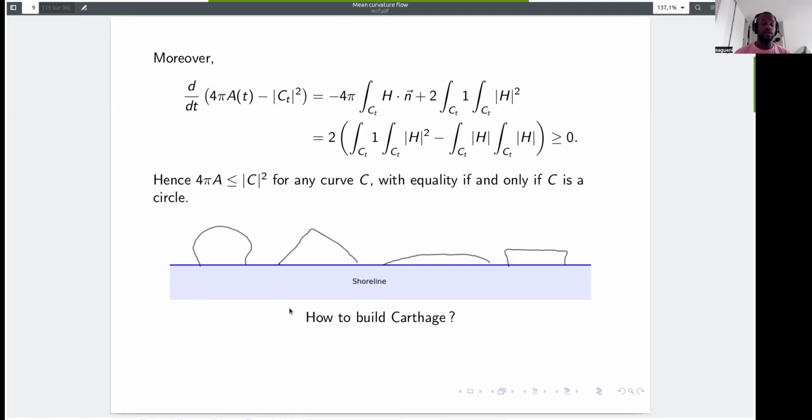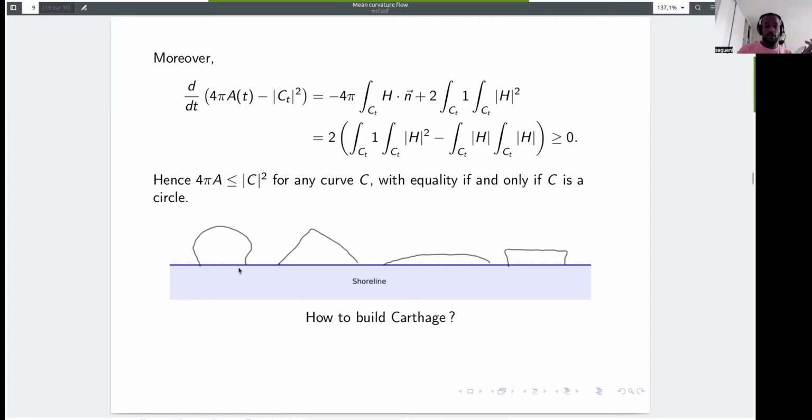Put it in a way that its endpoints connect to the shoreline, and such that the area determined by the rope and the shoreline is as large as possible.